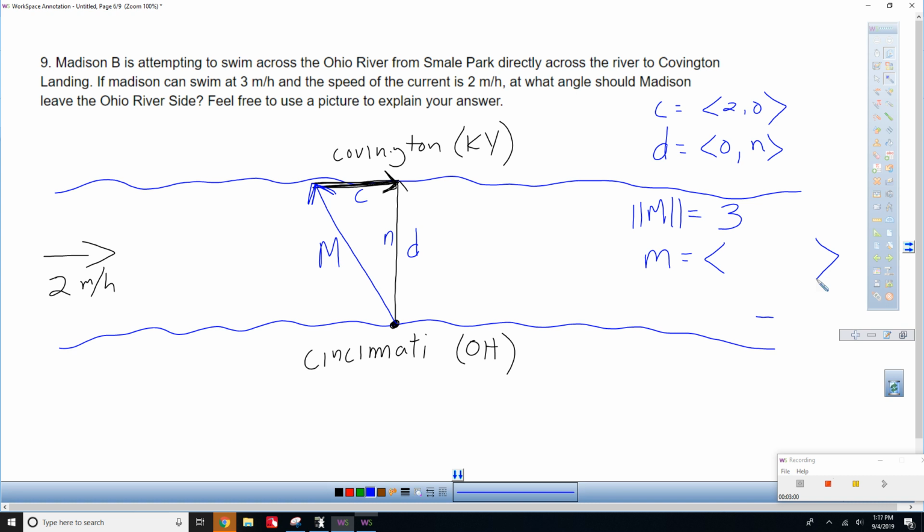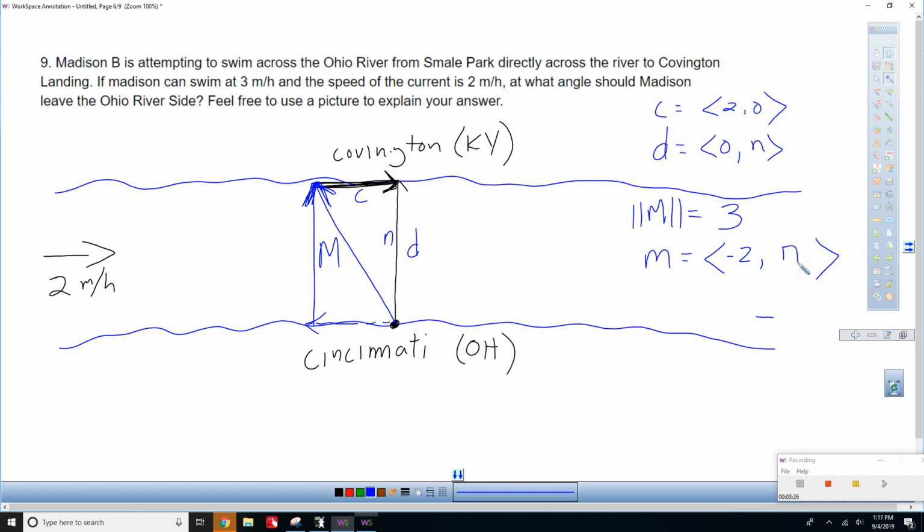So what we do to get M is we're going to go that vector first. So that's -2, 0. And then N.